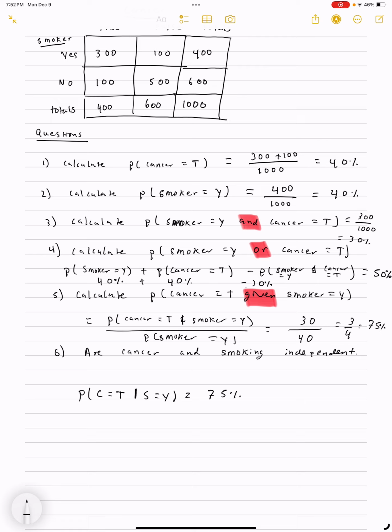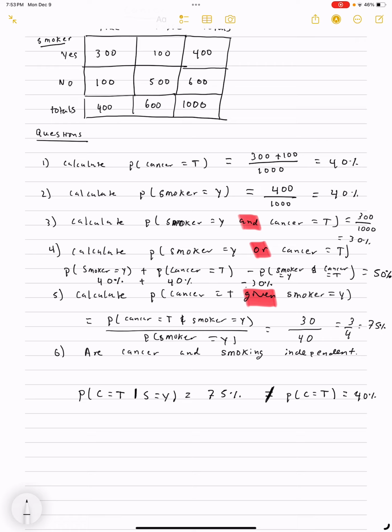The question we need to ask is, is that equal to the probability of cancer being true? And we know from our previous calculation that for the overall population, that is 40% from our very first calculation. So it's not equal.